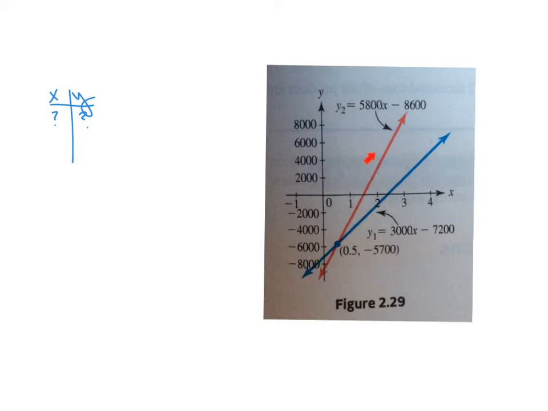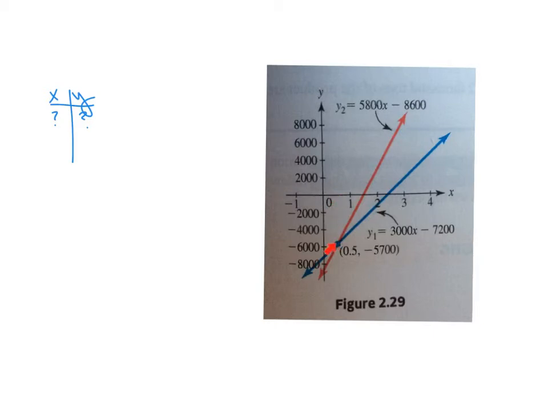The solution to this system of equations, which means where this number here for x is the same number and where this y here is the same number, is where they cross. And at this point, they cross at 0.5, came over 0.5, and then down 5,700.